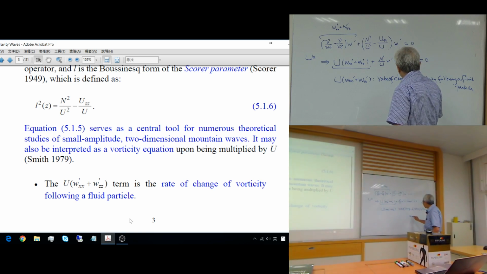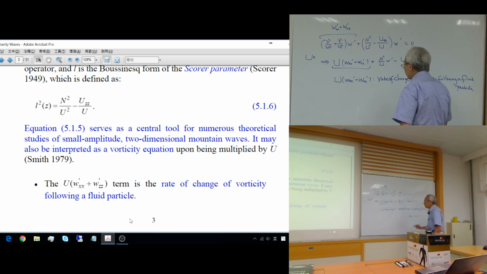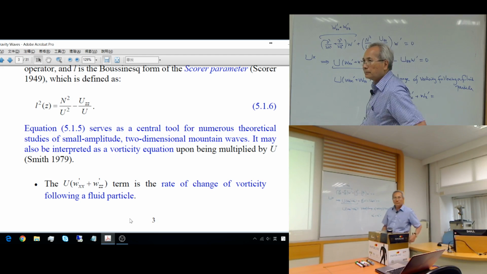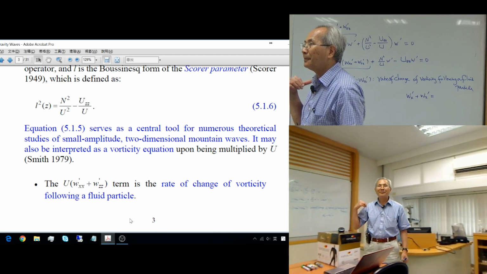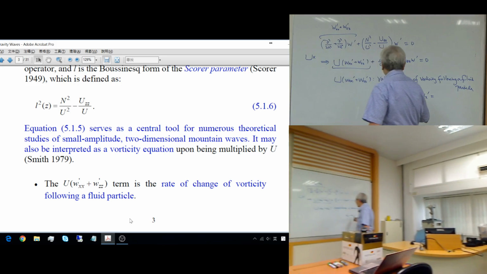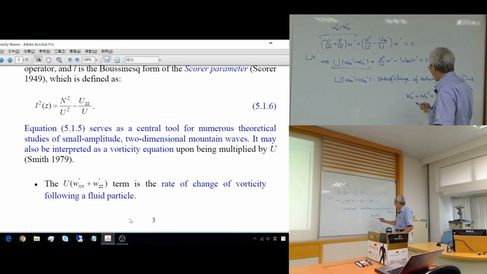U times the quantity W prime xx plus W prime zz, what's this? I probably wrote it in a kind of unfamiliar way. If I write it in a way like the continuity equation, very good.